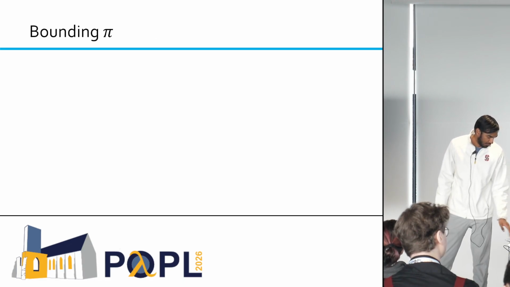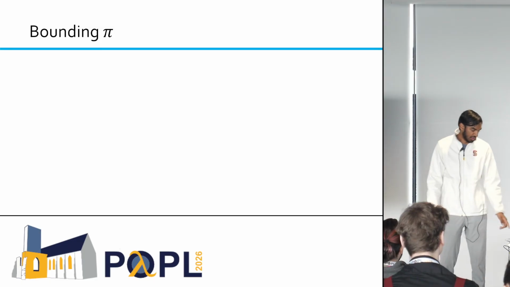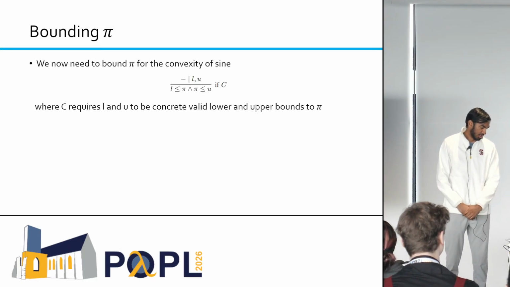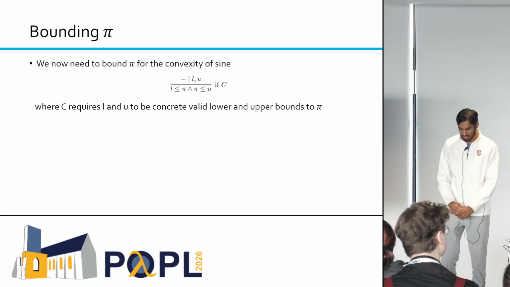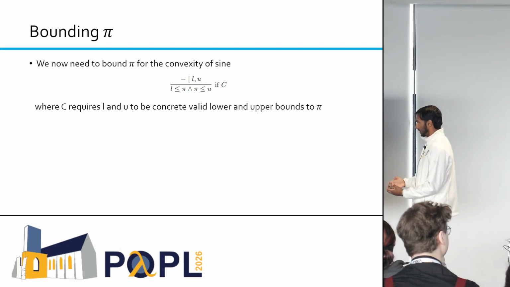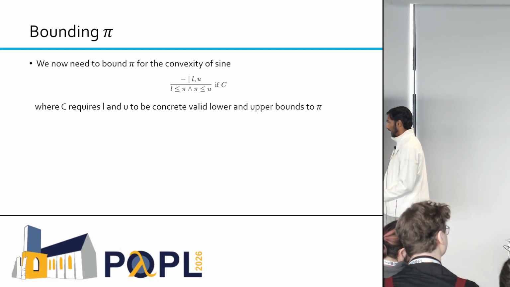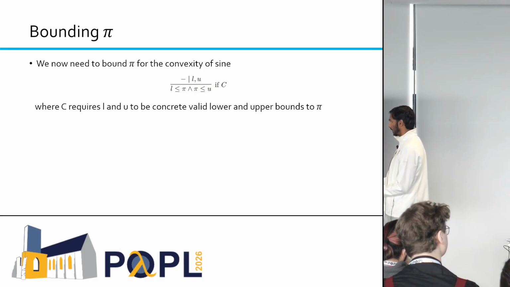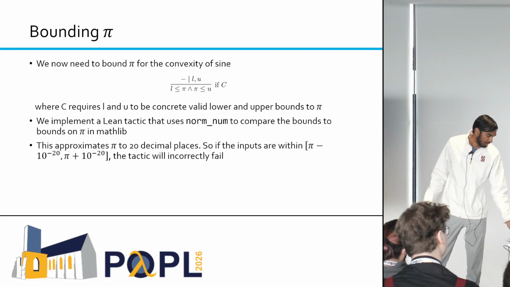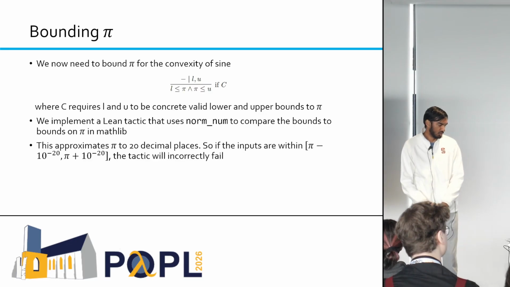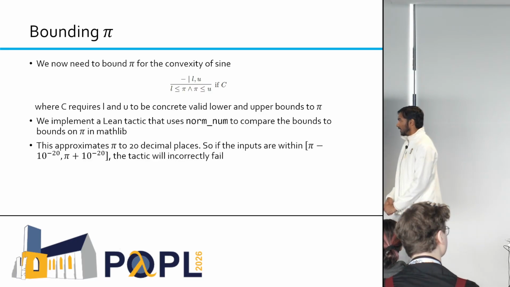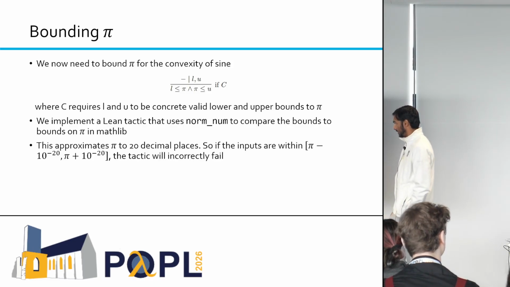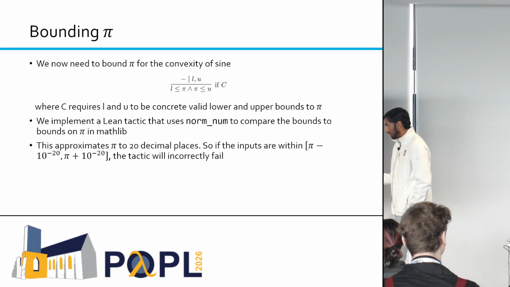And then the next rule we're talking about is bounding pi. This is needed again for the convexity of sine, for example. The rule says, given bounds L and U, is pi between L and U? To do this, we use norm_num, and we use an approximation of pi in Mathlib that's accurate to 20 decimal places.